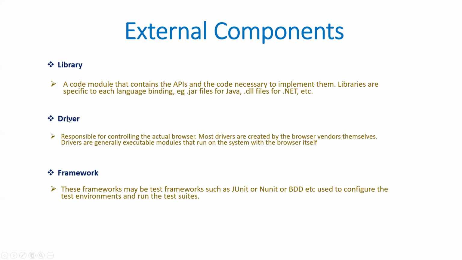Generally, what will happen? Suppose you have Chrome driver version 3.10, for example; you should have the same compatible driver in the Selenium project. Only then can that browser be automated. If you have a different version of the Chrome browser and a different version of the driver, then the Chrome browser cannot be automated in the previous versions.